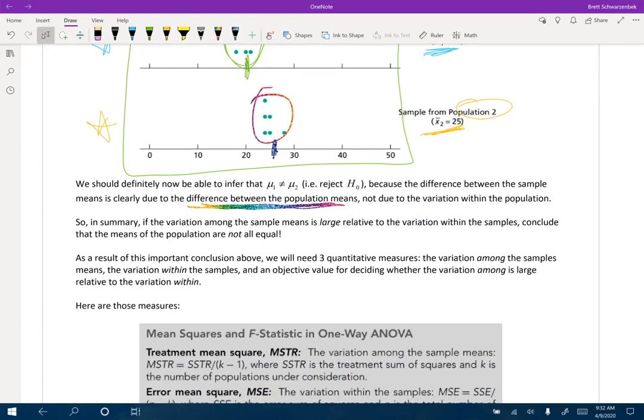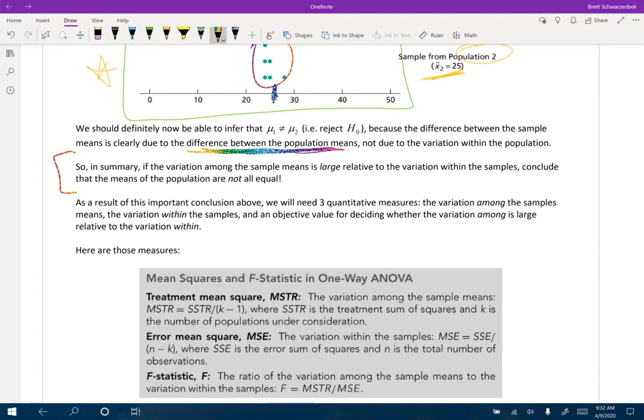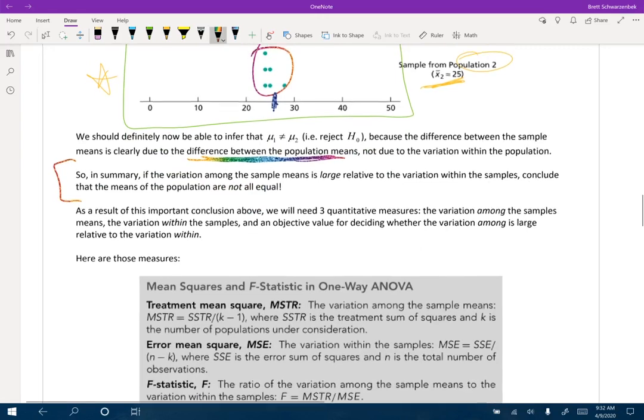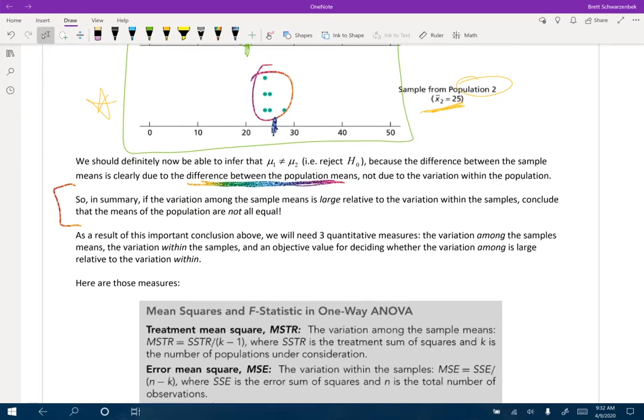Just as a summary, I'm going to read it. It says, in summary, if the variation among the sample means is large relative to the variation within the samples themselves, conclude that the means of the populations are not all equal.